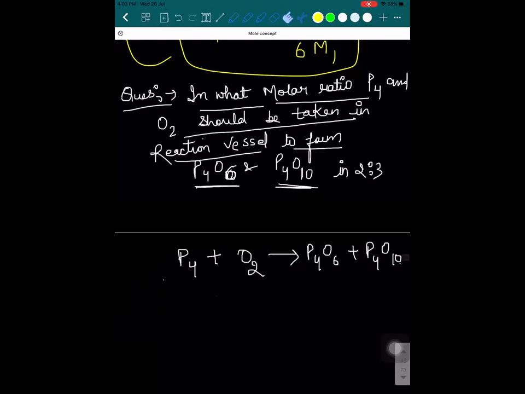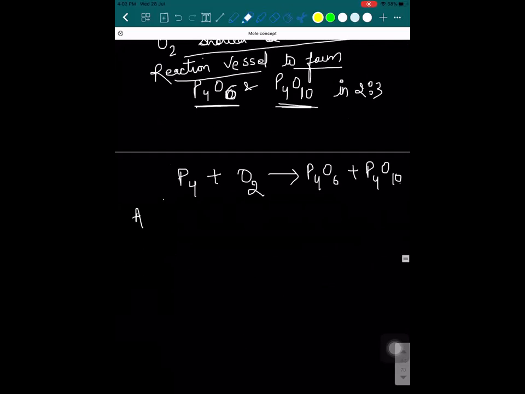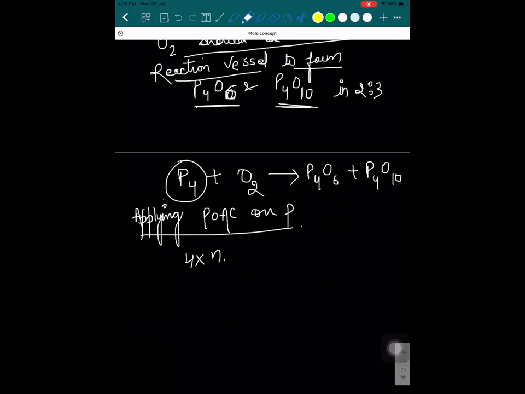First, let me apply it on phosphorus. Applying POAC on phosphorus, what will it be? 4 into number of moles of phosphorus, isn't it? Oxygen has no phosphorus, so 0, and in the product, 4 into number of moles of P4O6 plus 4 into number of moles of P4O10.